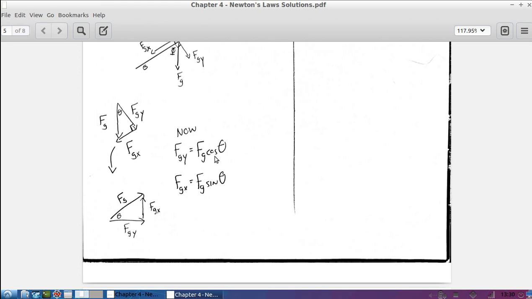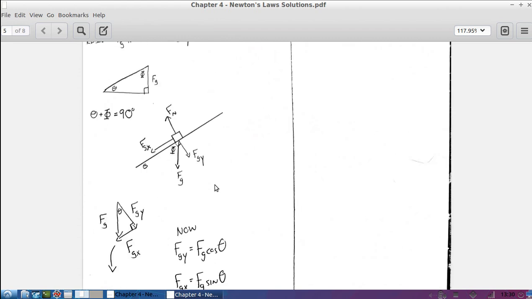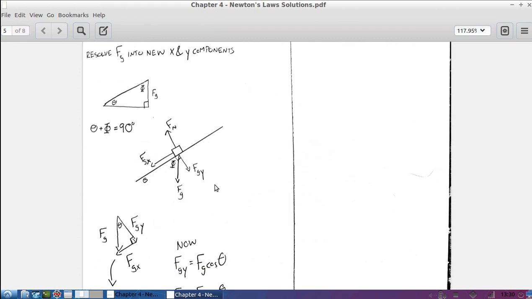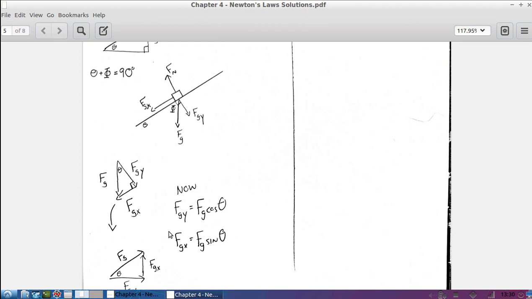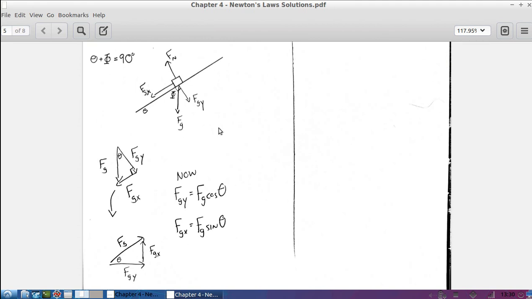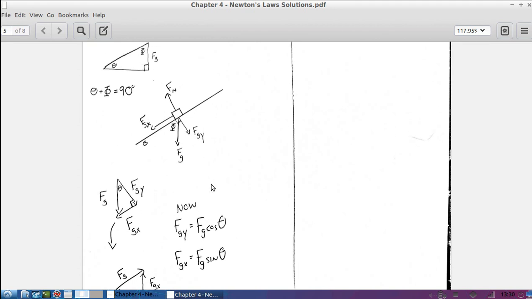My advice to you is just commit that to memory. I'm normally not a proponent of memorizing things per se, but commit these two to memory. When you're on an inclined plane, you always have gravity acting towards the surface of the Earth.